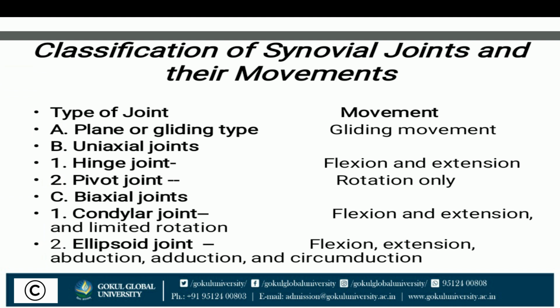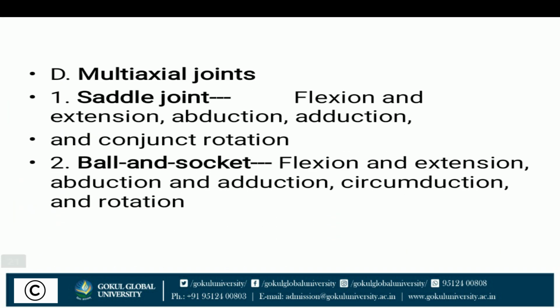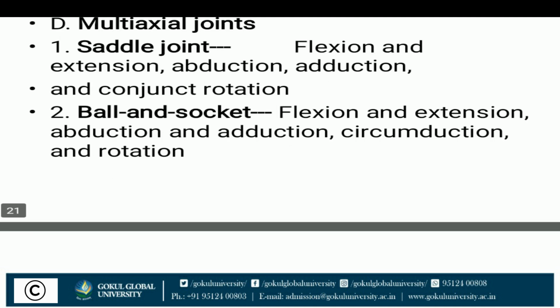Ellipsoid joint, movements are flexion, extension, abduction, adduction and circumduction. Multi-axial joints, saddle joint, movements are flexion, extension, abduction, adduction and conjunct rotation. Ball and socket, flexion and extension, abduction, adduction, circumduction and rotation movement.